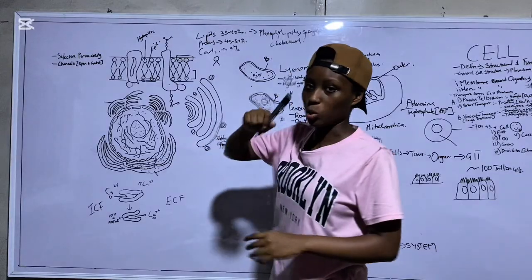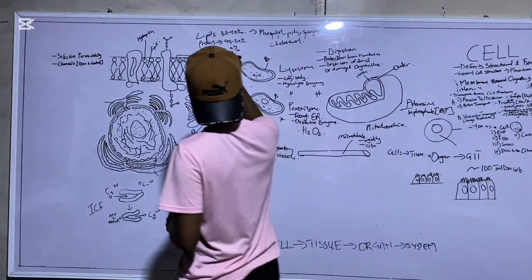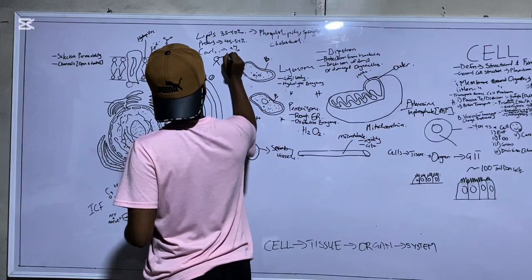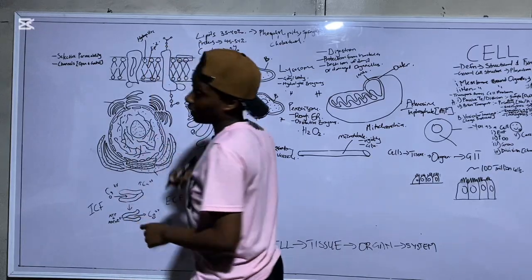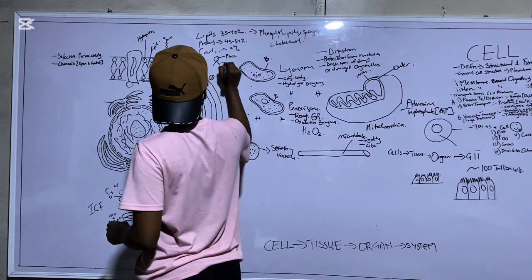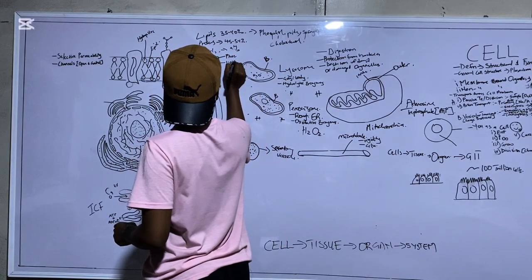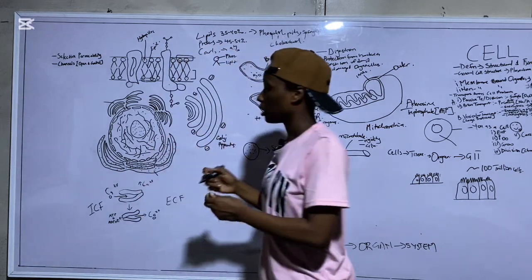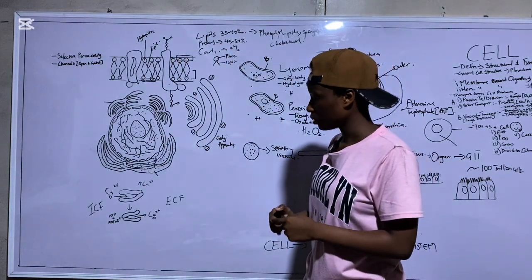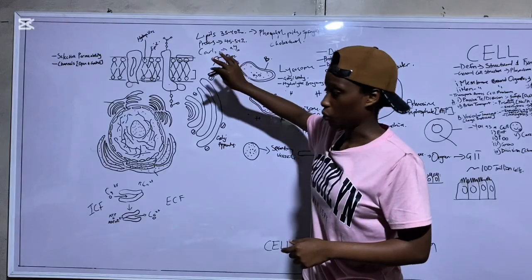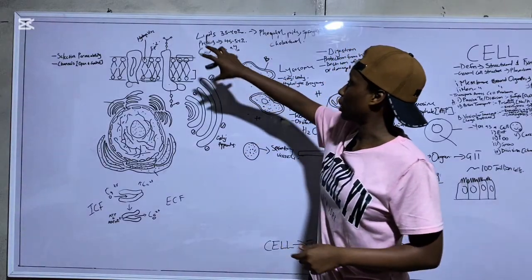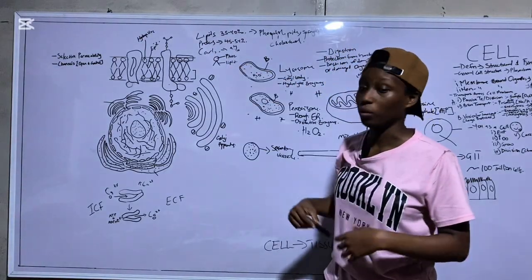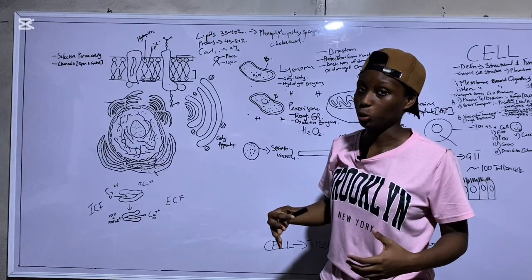That means it has a phosphate group, this phosphate, and then a lipid group, this lipid. That's a phospholipid. So the cell membrane itself is actually composed of different macromolecules.